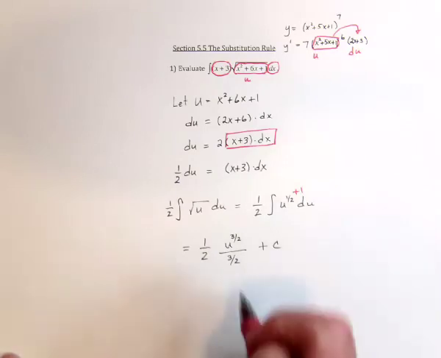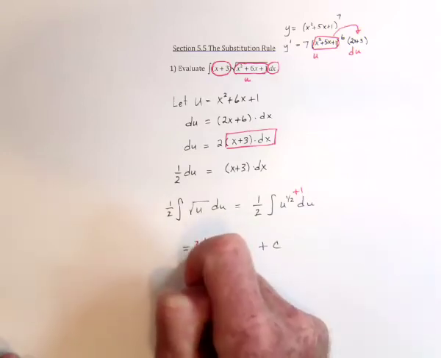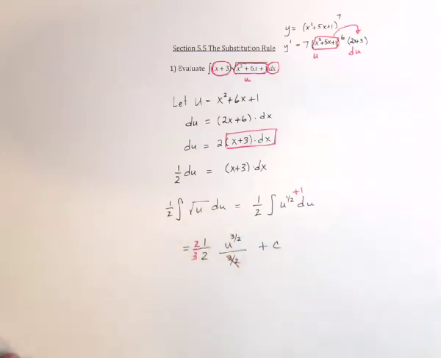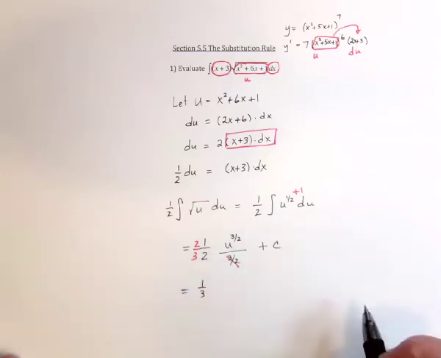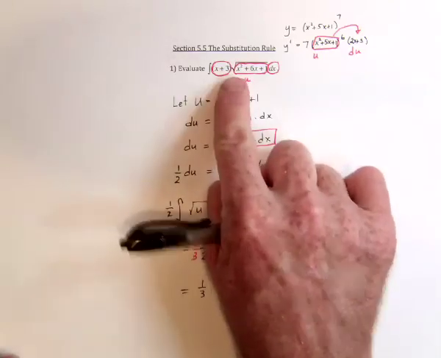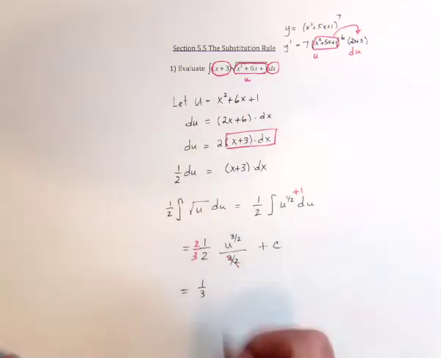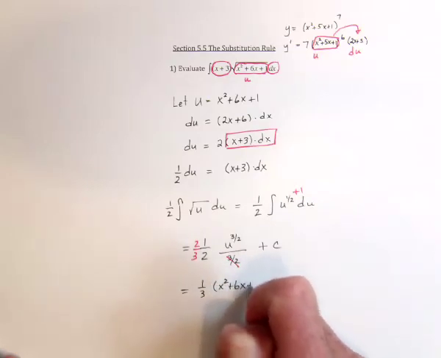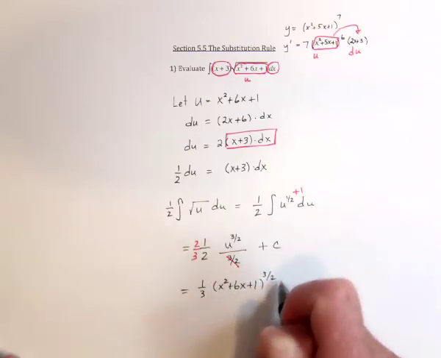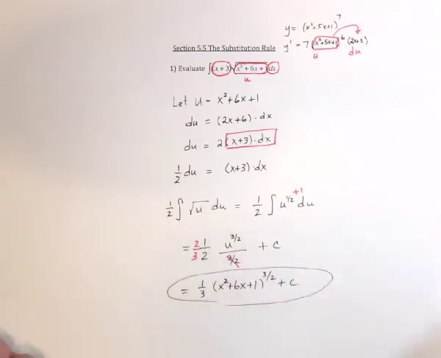We need to invert and multiply, so instead of dividing by 3/2, you can multiply by 2/3. The 2's are going to cancel, it's just going to leave 1/3. And one other thing is, the original question had x's in it, so the answer should have x's in it. So replace u with that polynomial. And that would be the antiderivative.